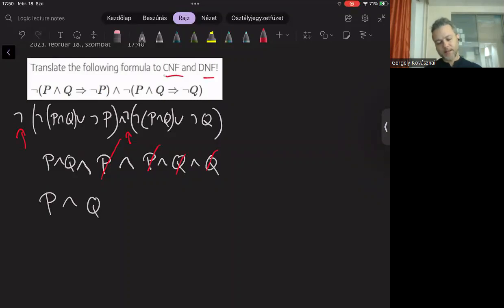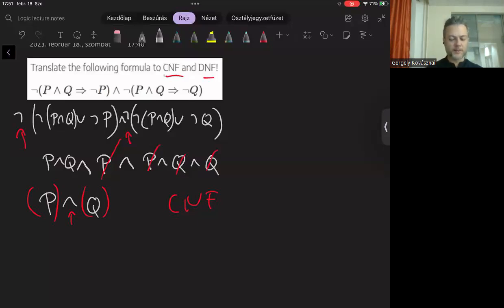Well, it is definitely in CNF, since in CNF the main connective is conjunction. So yeah, this is a CNF which connects actually two clauses, each of which includes a single literal. So this is a CNF.